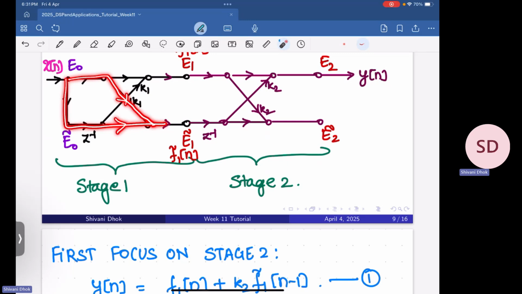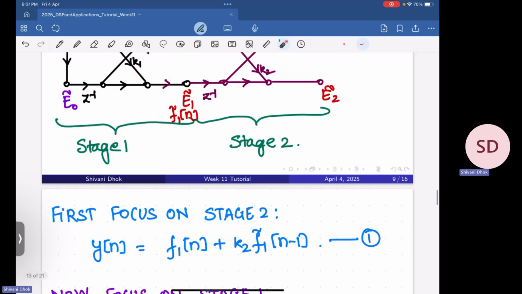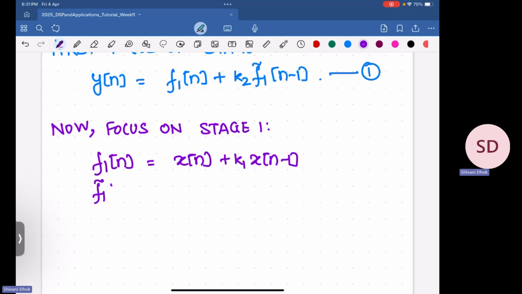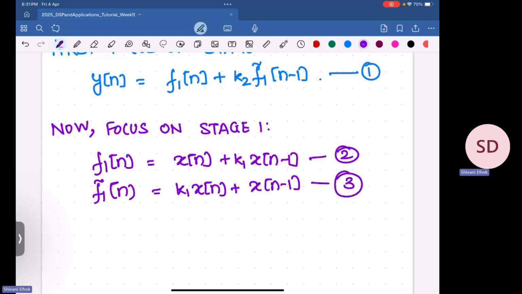Okay, so therefore f1 tilde of n is k1 x of n plus x of n minus 1. Okay, so now this is equation 2, and let me number this as equation 3.